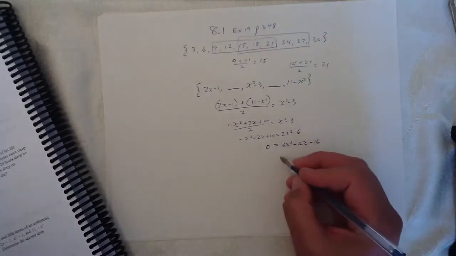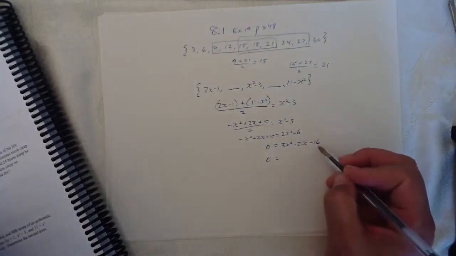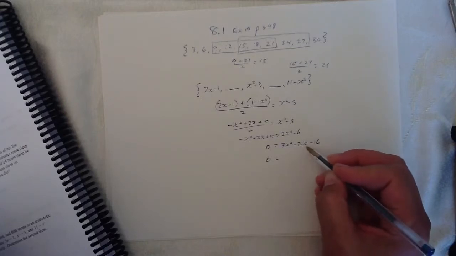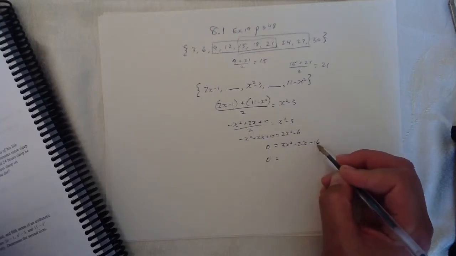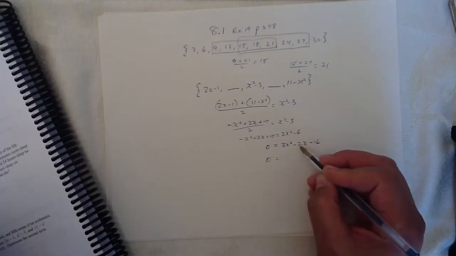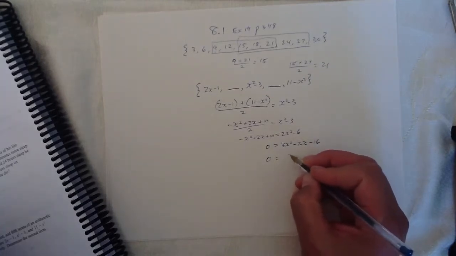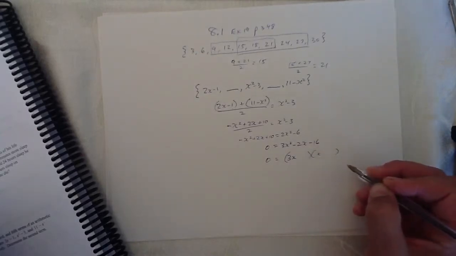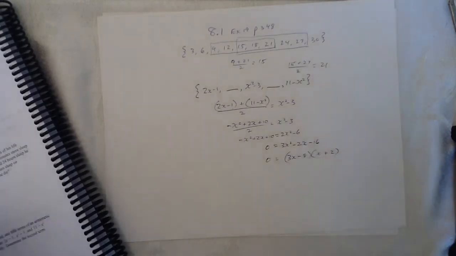Alright, so can we factor that? Let's see, plus 6 minus 8. Plus 6 minus 8 is minus 2, 3 times minus 8 is 24... so 3x and x, plus 2, minus 8. That should work.